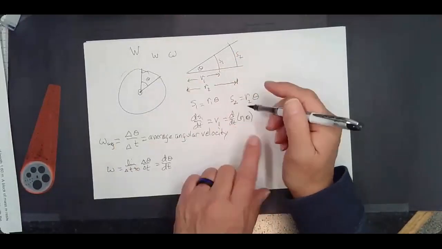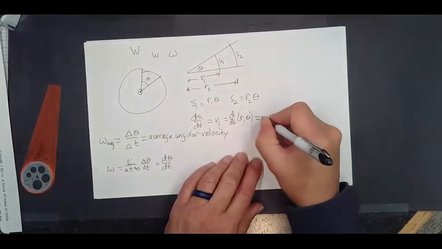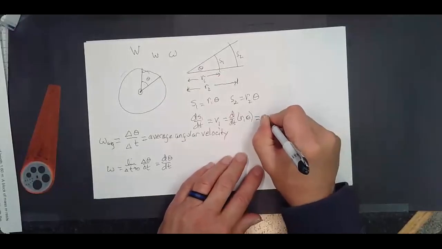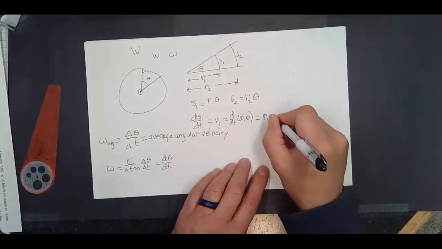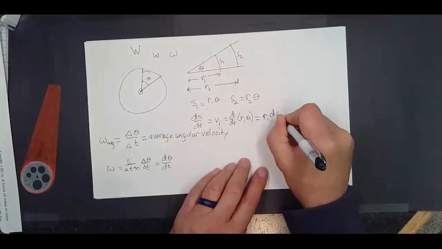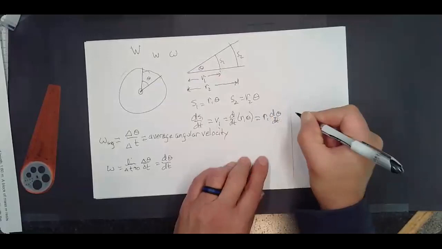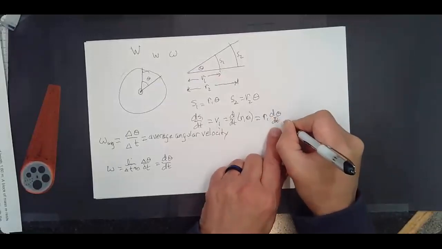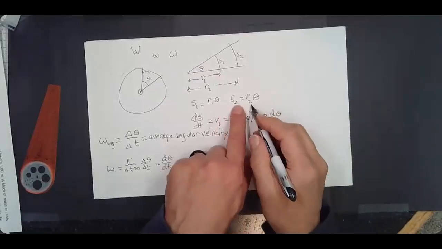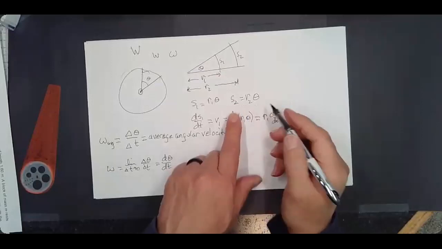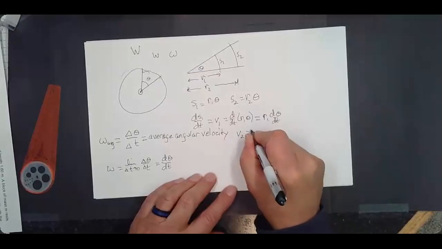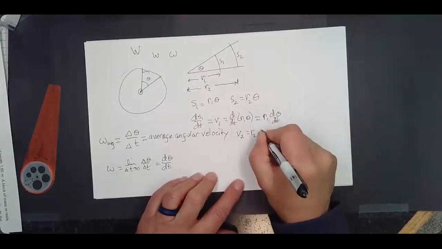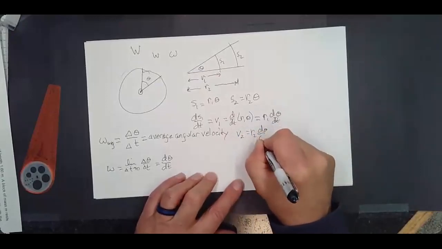So it can come out of here, and that will equal r1, pull it outside the derivative, d theta dt. Well, d theta dt is just omega. And if I did the same thing for this, I'd get v2 is equal to r2 d theta dt.